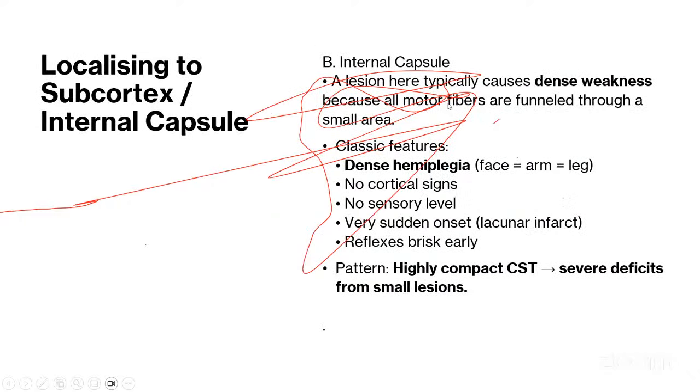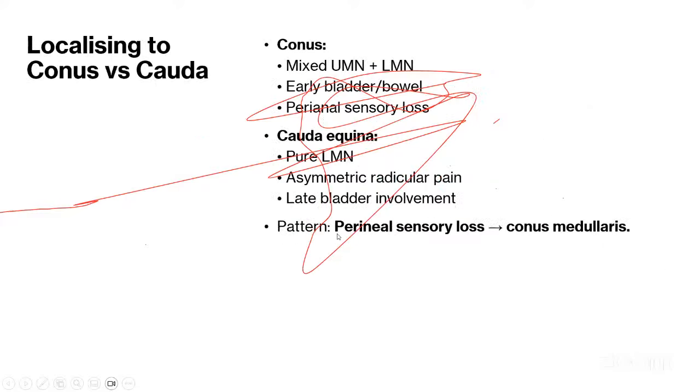If the patient has a dense weakness, because all motor fibers are funneled through a small area in the internal capsule, they'll have dense hemiplegia without any cortical or sensory signs, and this is a very sudden onset. Reflexes are brisk, and this localizes to the subcortex or the internal capsule.